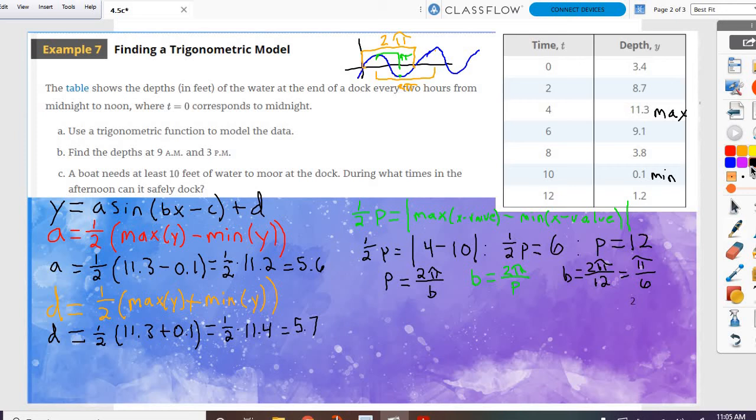So again, we're trying to set the inside of bx minus c equal to the old spot that something happened. So we can't use a 0, but we can use a maximum or a minimum. So what we're going to do now instead is think back to our original graph.